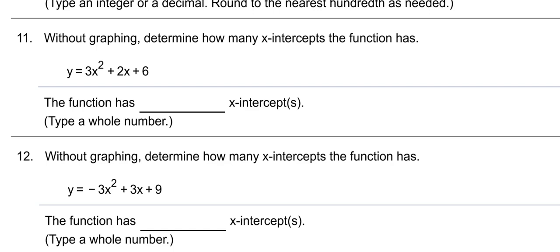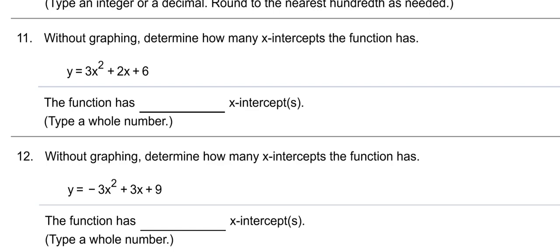Okay, this one says determine how many x-intercepts this function has. Is that a discriminant question or the entire quadratic formula? Is it just a discriminant only question or is it the entire quadratic formula? Just a discriminant question. So find your discriminant for me. B squared minus 4AC.